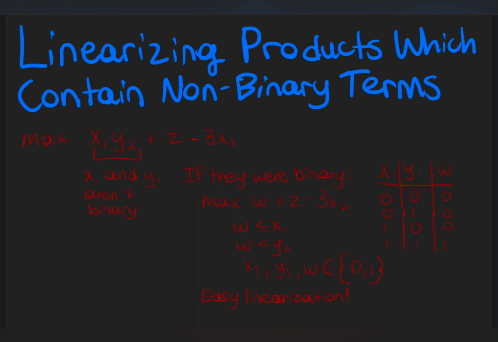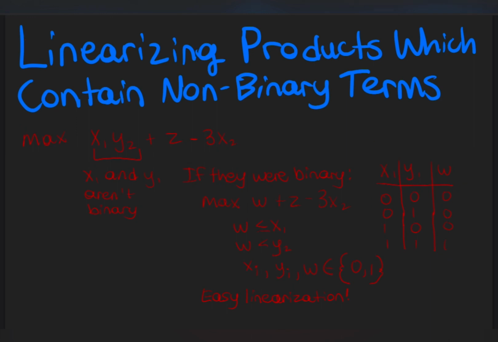Now, x1 and y2 are binary variables, because we're assuming that they are binary. And since they are binary, our w value becomes exactly how it would be if the w value didn't exist. What do I mean by that? Let's take a look at this chart over here.